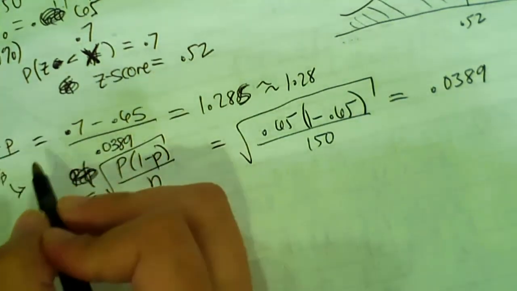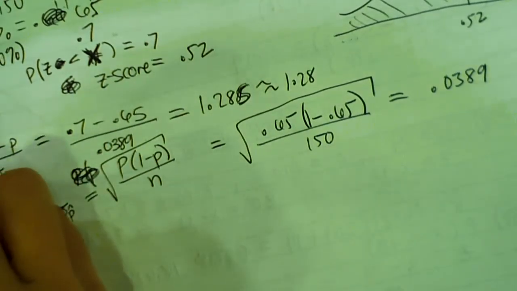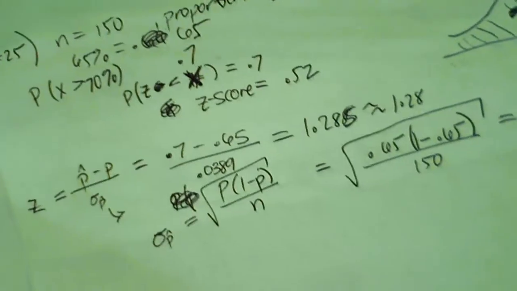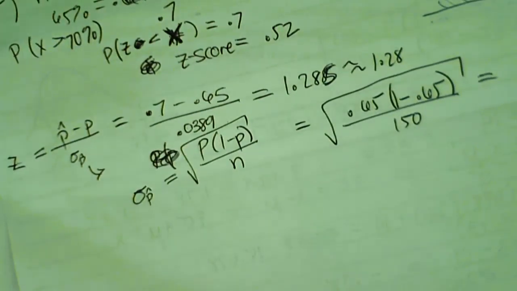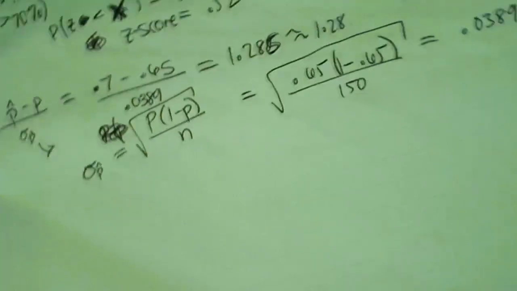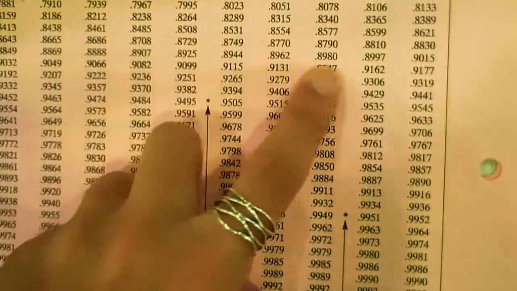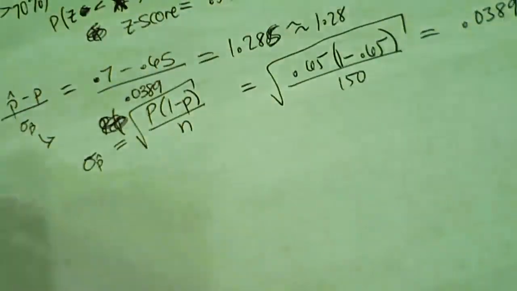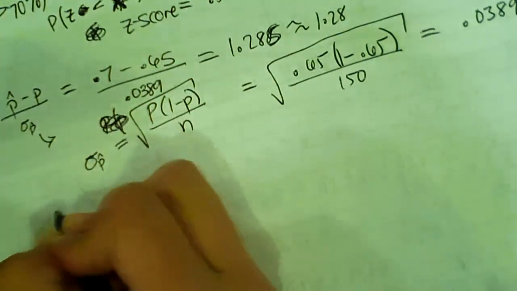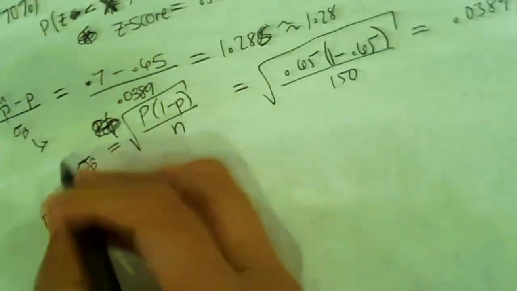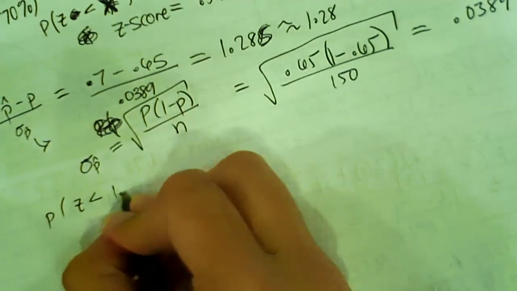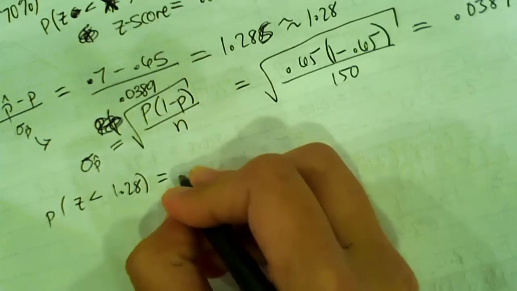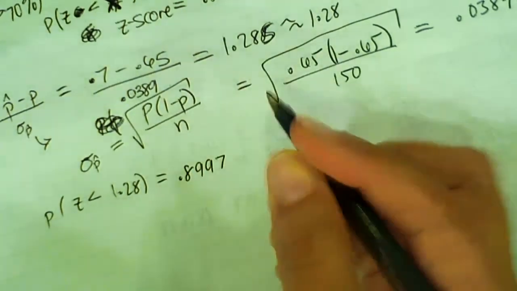Okay, so this would be to find Z, correct? Z, exactly. So then when we look at this number in here, .28 is 0.8997. So the probability that Z, once again, is less than 1.28 is 0.8997.